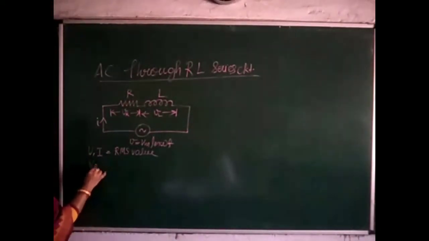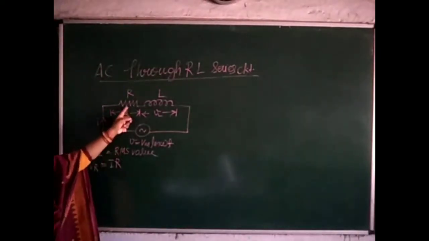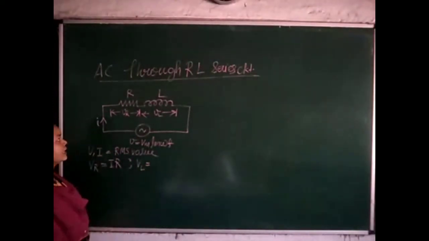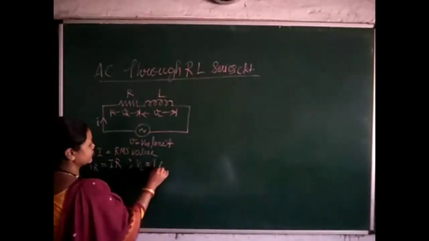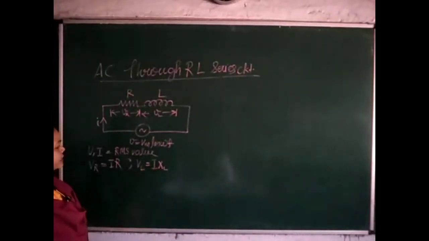Capital VR is the RMS value of voltage across the resistor and VL is the RMS value of voltage across the inductor, which is equal to I into XL.